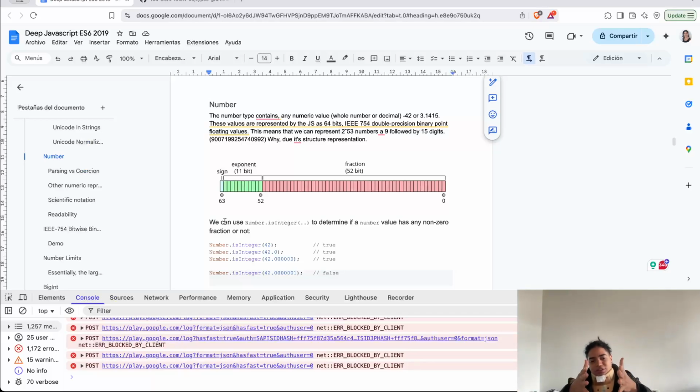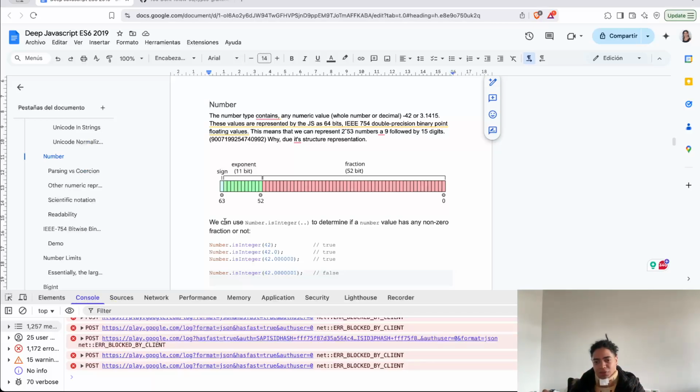So the entire 64 bits are not used for one thing. In fact, 52 bits are used to represent the value known as the mantissa, the fraction. The other 11 bits are for the exponent, and the other is for the sign.